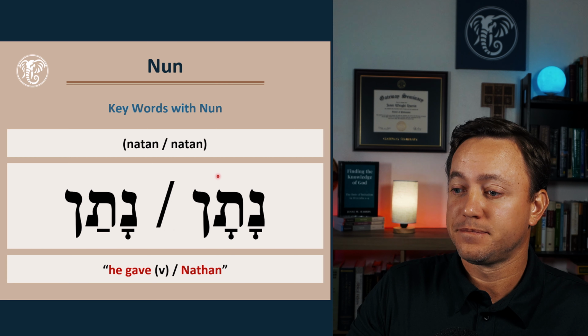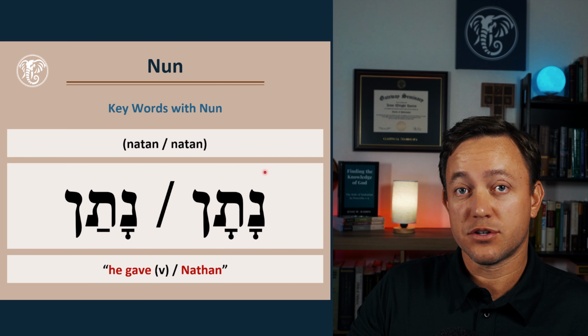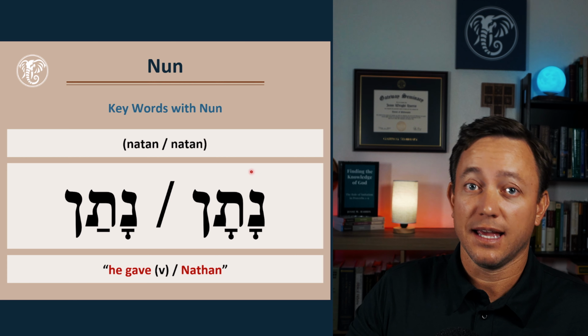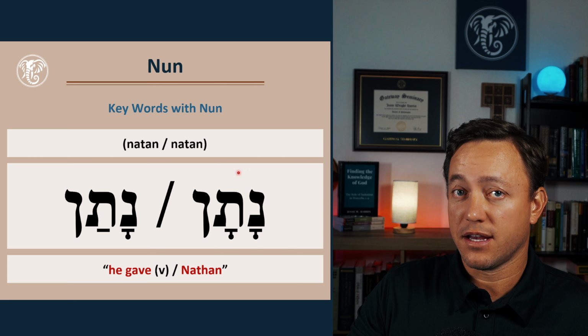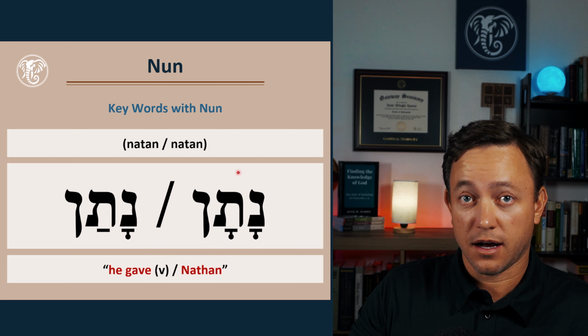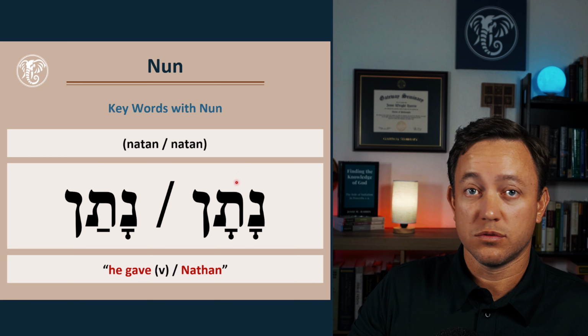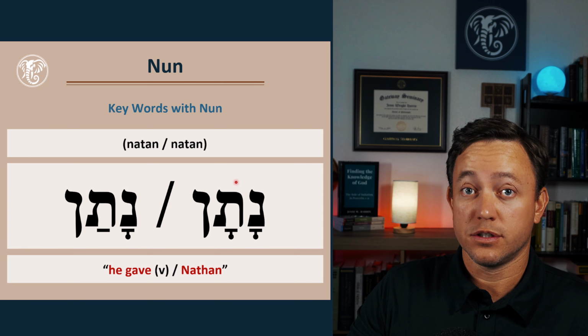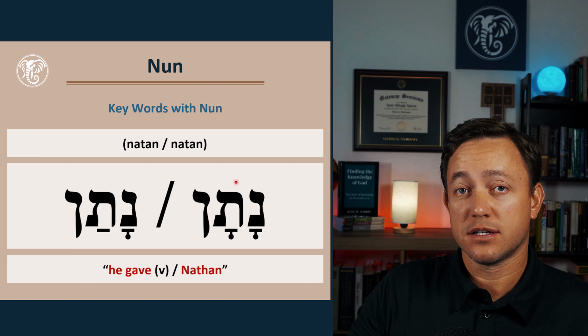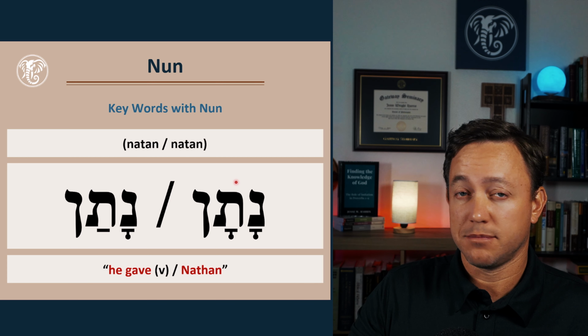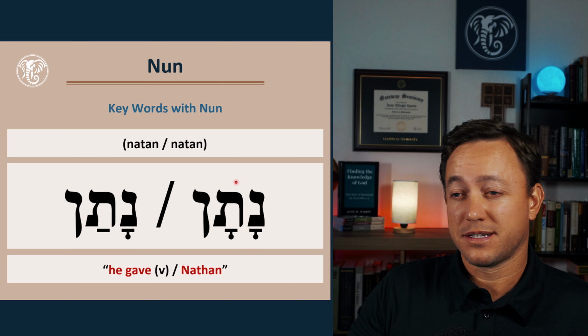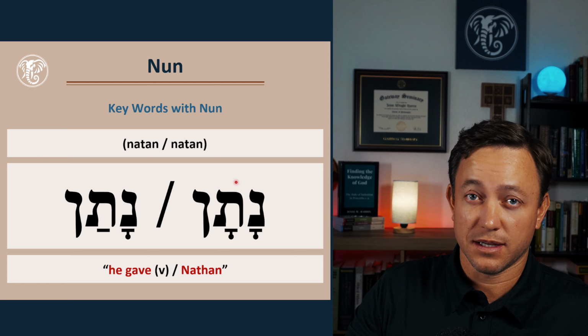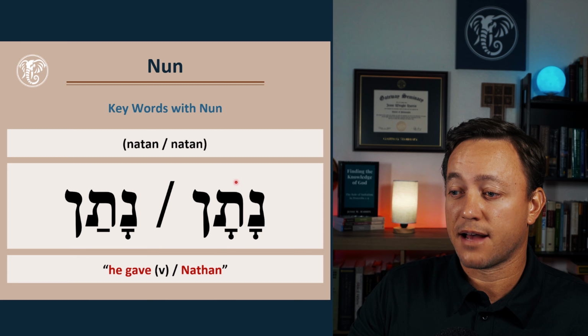All right, and then here's an interesting one because it's both a name and a verb. And in ancient Hebrew, this is very, very common for names to literally just be words, right? So in English, oftentimes our names don't really mean much of anything except how they connect us to maybe ancestors, parents, things like that.